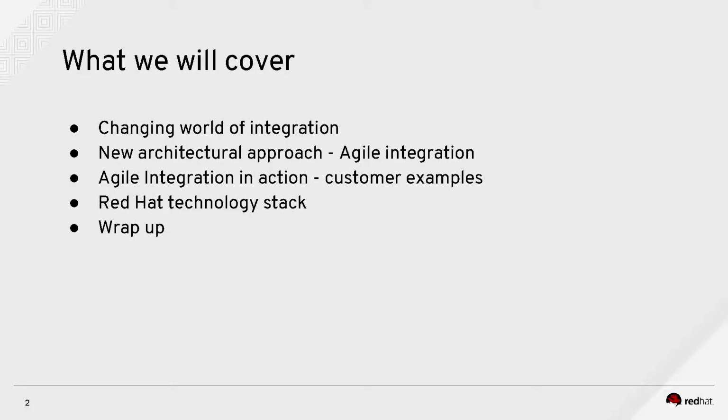So again, I'll talk about the changing world of integration. Maureen mentioned some of this in terms of the trends, and I'm going to highlight some more of them. Then I'll talk about Agile integration, a new architectural approach, why that's important and how that's going to help you.